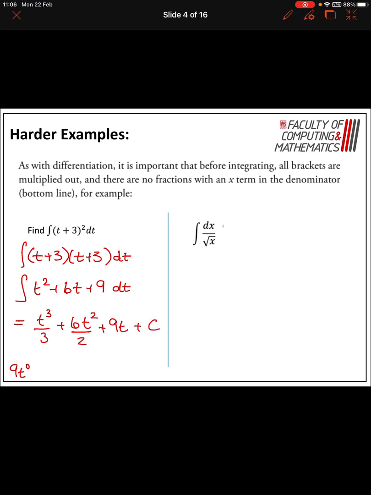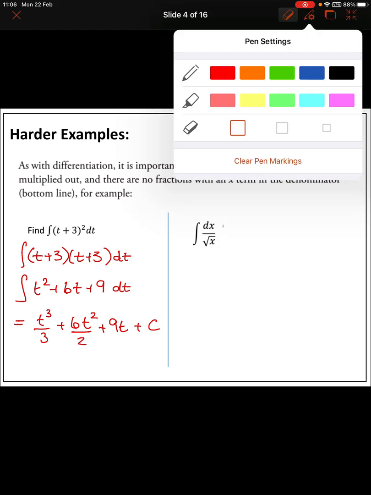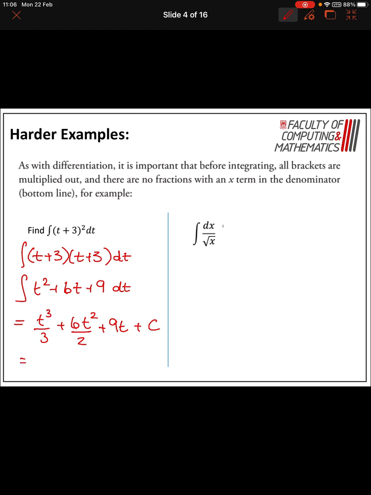Then I'm going to tidy it up. I can't leave it like that because it's unsimplified. There's nothing I can do with that t cubed over 3, but I can simplify this 6 over 2. 6 divided by 2 is 3. So I've got 3t squared plus 9t plus c at the end. Now this second example looks quite tricky, but I'm going to write it slightly differently.